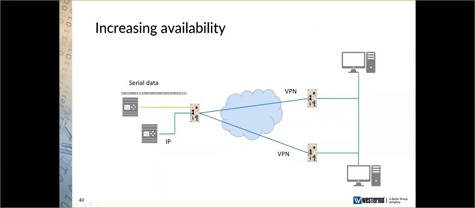In this particular scenario, let's get the annotation up again. I've still got one router at the remote location, but I've actually got two receiving routers at the central location. In this particular instance, I'm using two VPNs just for demonstration purposes. You could use one, you could use two.